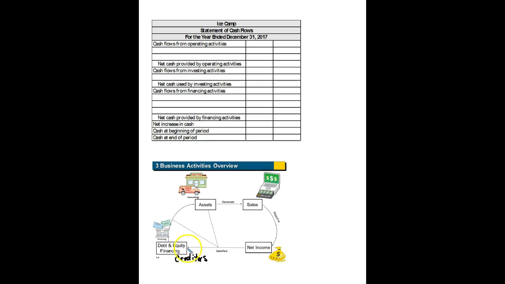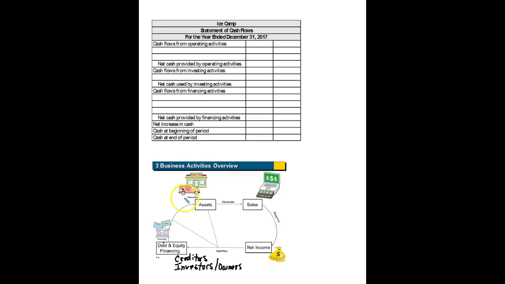If we form a corporation, we could issue stock, sell that stock, get cash, and issue shares of stock which represent ownership rights. We would sell stock to our investors, who in a corporation become owners, so investor owners. If we're a partnership, they would be partners instead of shareholders. So we would either borrow money or issue stock in order to receive cash. Cash will come in that allows us to buy these assets.